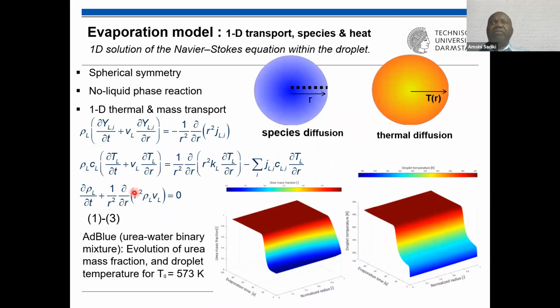It is the convective. So for AdBlue, it is a mixture of urea and water, a binary mixture, and we follow the evolution along this radial position for the species diffusion, and here for the thermal diffusion.